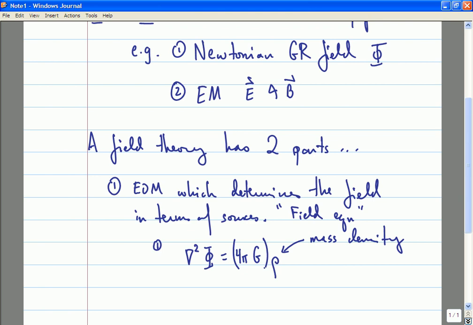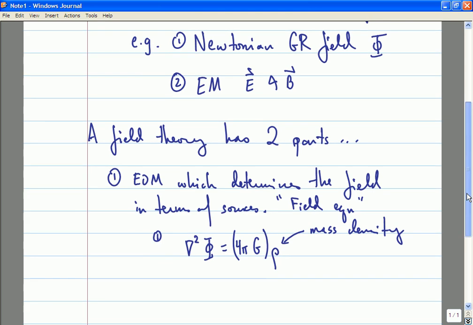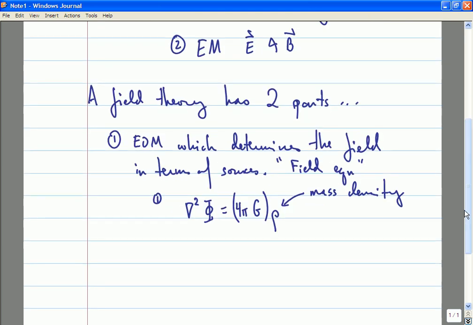The second example of a field equation is something that you're probably even more familiar with, which is Maxwell's equations. Maxwell's equations are a set of differential equations which determine the electric and magnetic fields in terms of the charge and current densities.